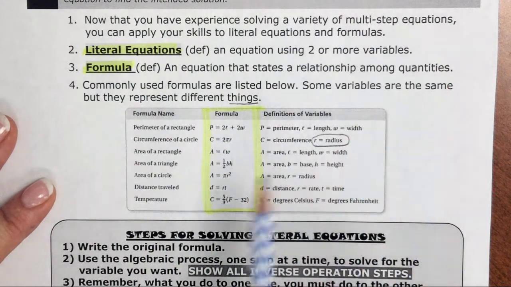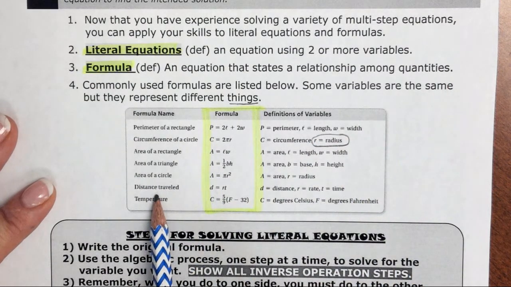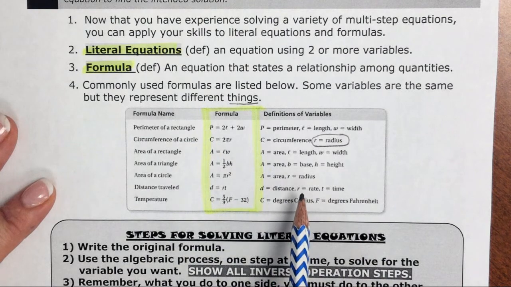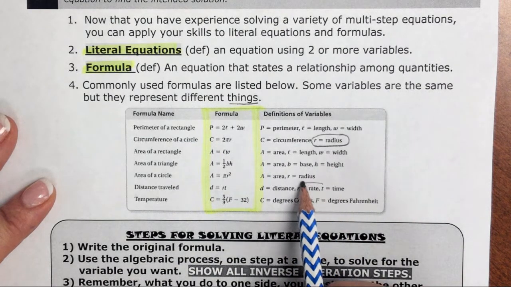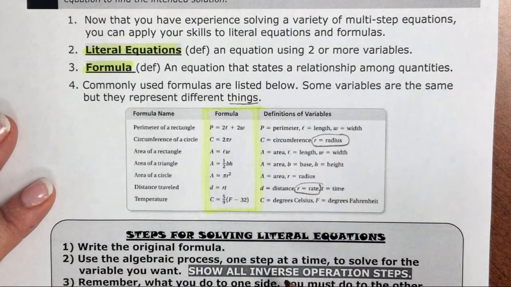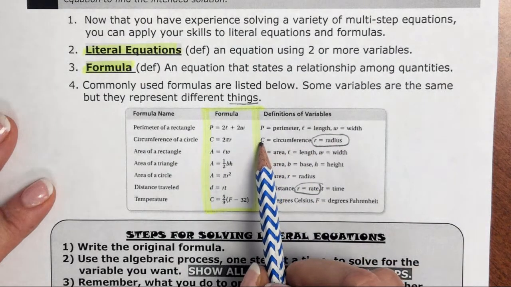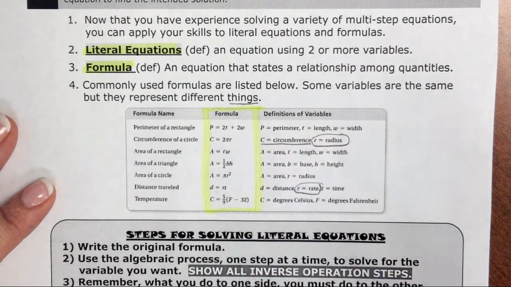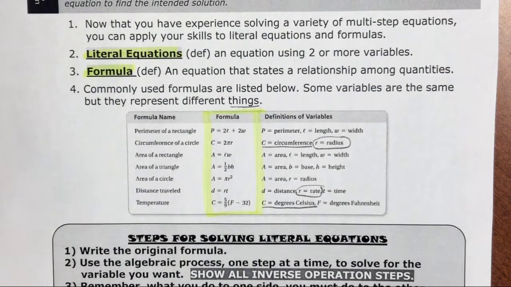But if you look over here at the distance formula, R does not stand for radius, it stands for rate. So we need to know that those R's are different things. Also, in the circumference formula, C means the circumference, whereas in the temperature formula, C stands for degrees Celsius. So we do need to know what our variables stand for when we're working with those formulas.